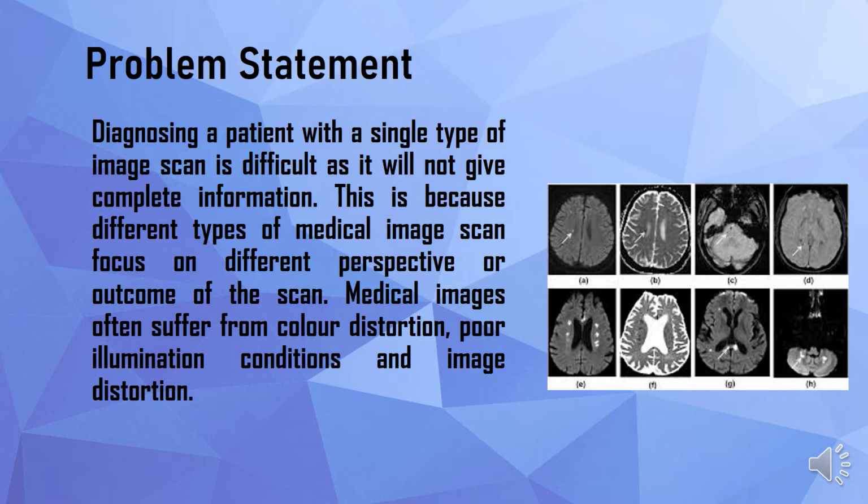Diagnosing a patient with a single type of image scan is difficult as it will not give complete information. This is due to the different types of medical image scan which focus on different perspectives or outcomes of the scan. Medical images often suffer from color distortion, poor illumination condition, and image distortion.